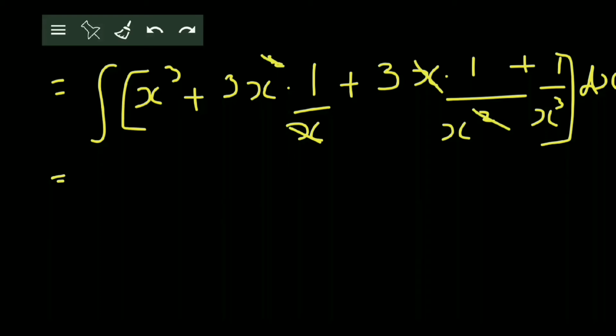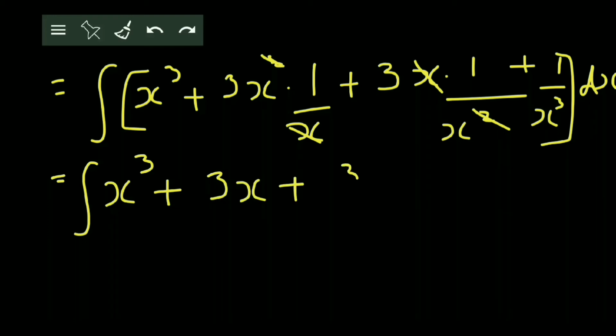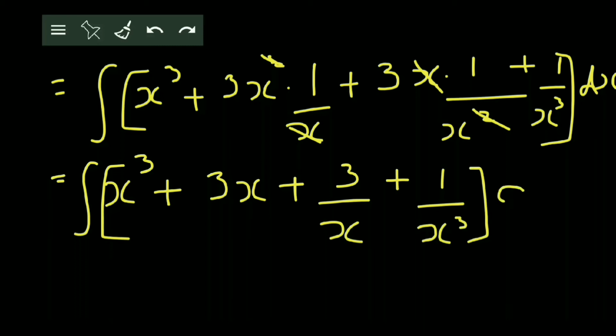So our integral becomes this way, that is integral of x cube plus 3x plus 3 upon x plus 1 upon x cube. We separate the integrals here.